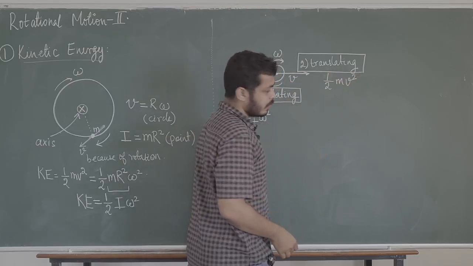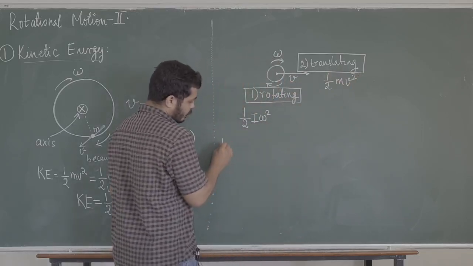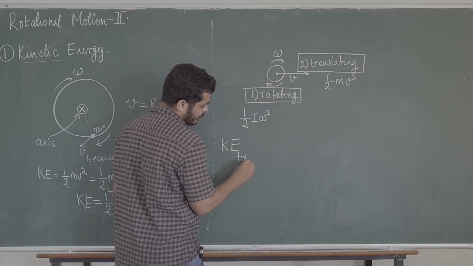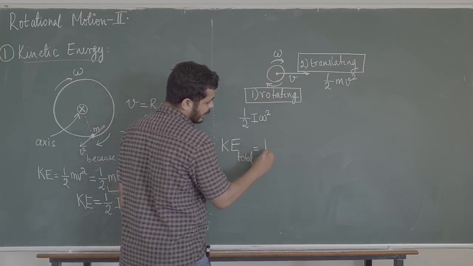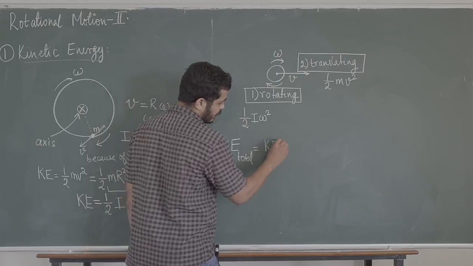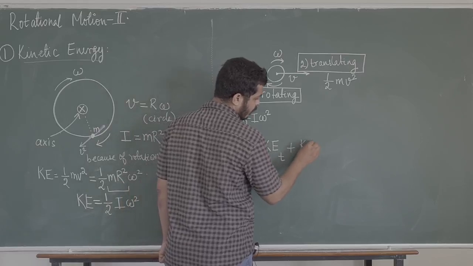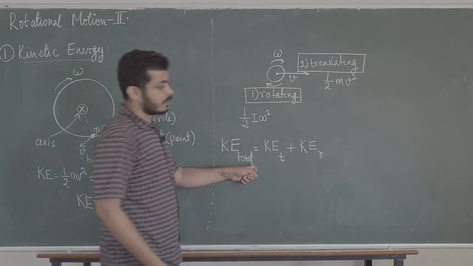So what you need to learn from here is that the total kinetic energy is simply the kinetic energy of translation plus the kinetic energy of rotation. Keep this in mind.